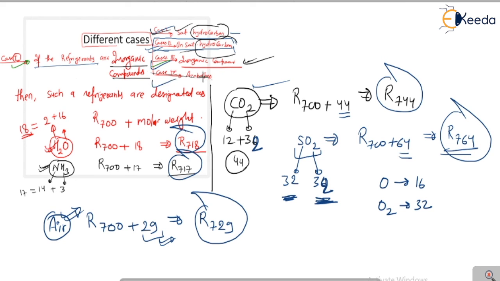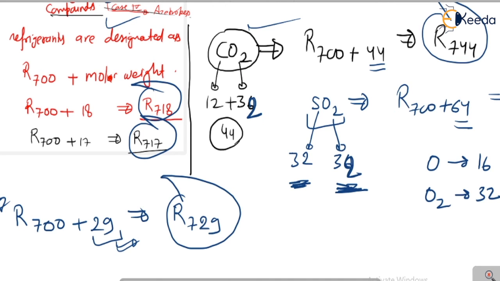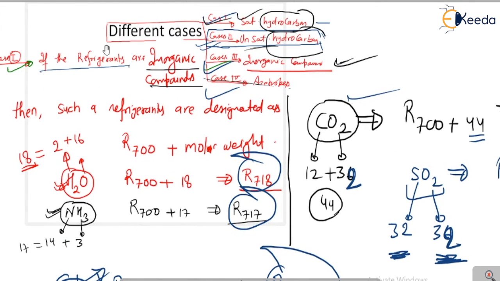If we want to designate our azeotropes, what is the meaning of azeotrope? First of all, we have to understand the meaning of azeotropes, and after that we have to designate them.